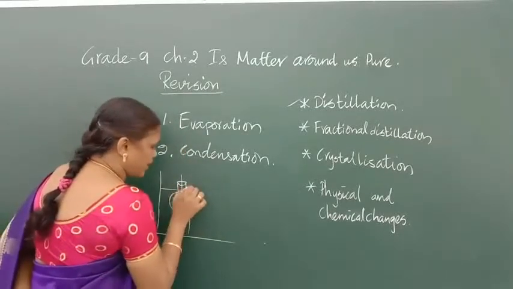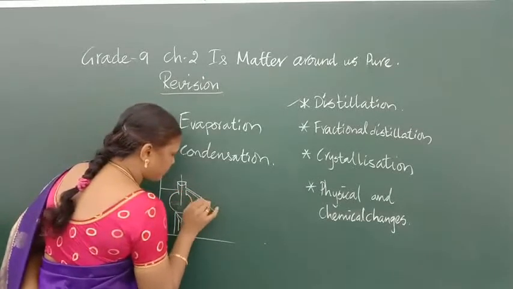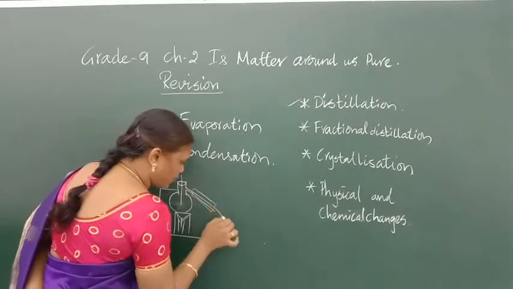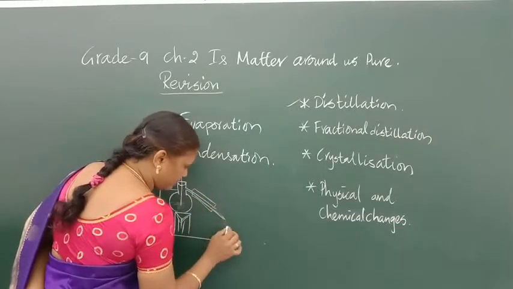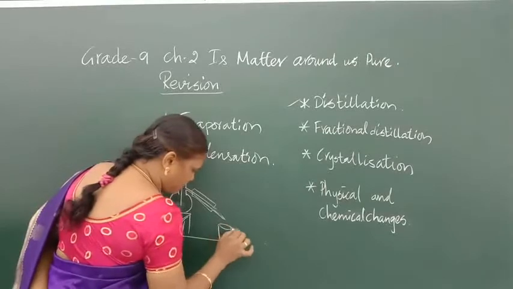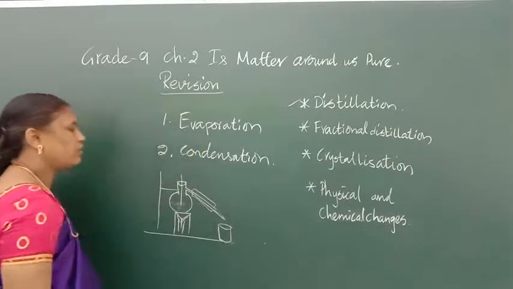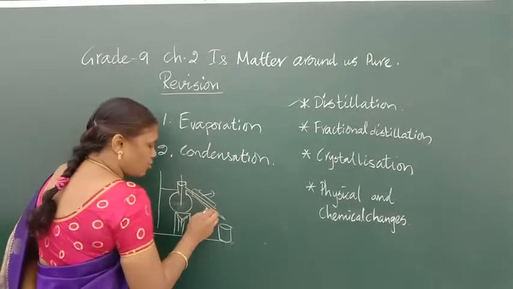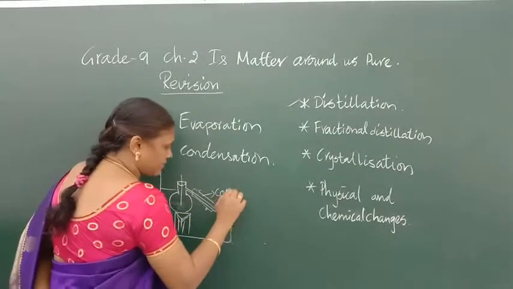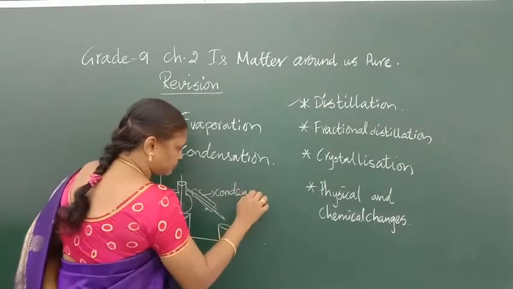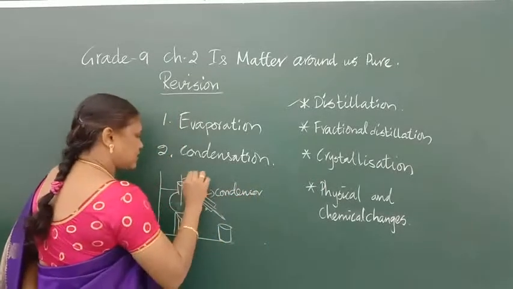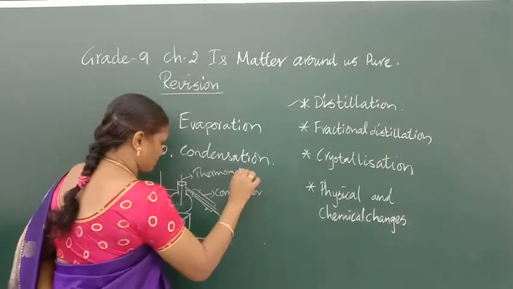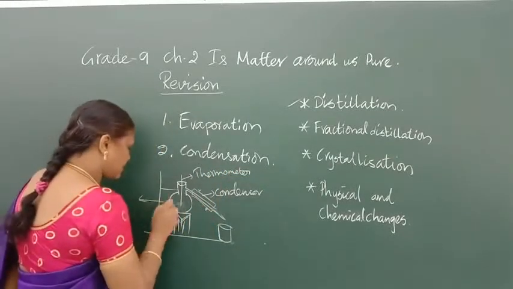You have a condenser, and you will be getting the liquid here. We can obtain it in a beaker. So label this: condenser, inlet of water, outlet of water, thermometer, distillating flask.